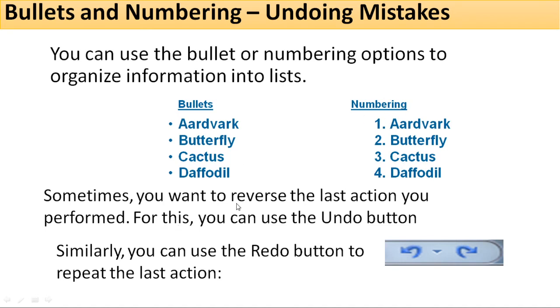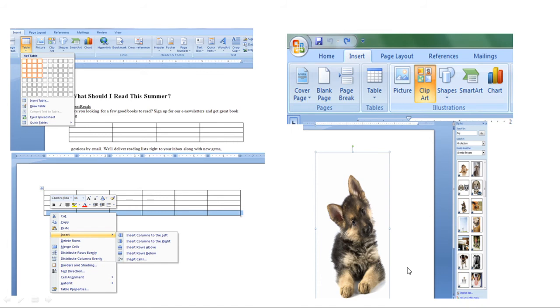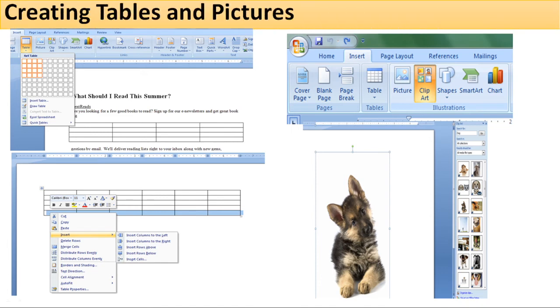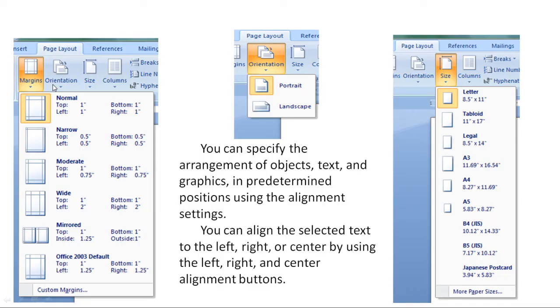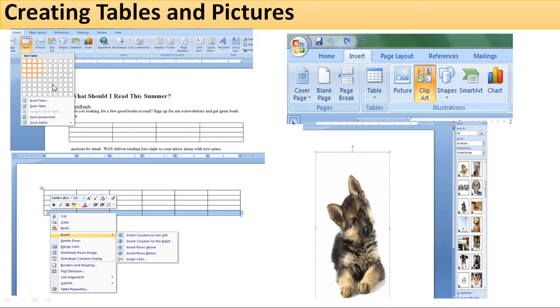Sometimes if you want to reverse the last action you performed, you can use the undo button, and similarly you can use the redo button to repeat the last action. These are the undo and redo buttons. For creating tables and pictures, we have to go to table and select the number of rows and columns.